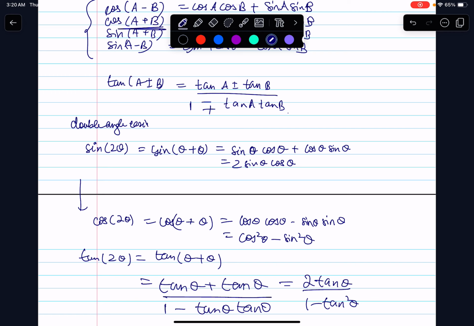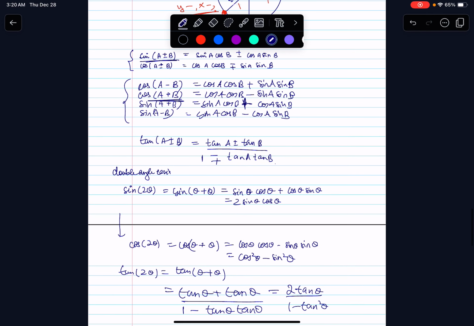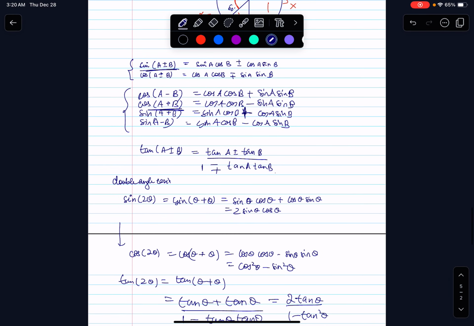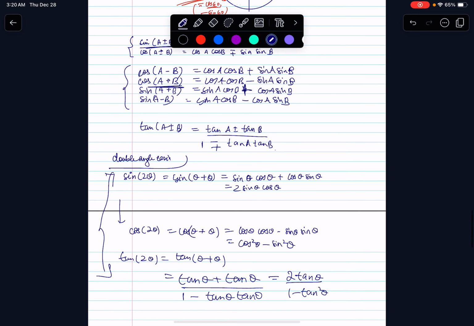So these are just some double angle formulas. So if it's in your syllabus, then you can go through them, and if not, then that's well and good as well. So yeah, this is how double angle formulas work.